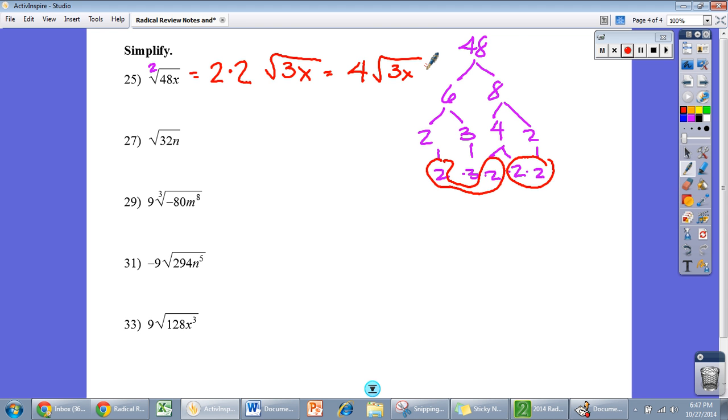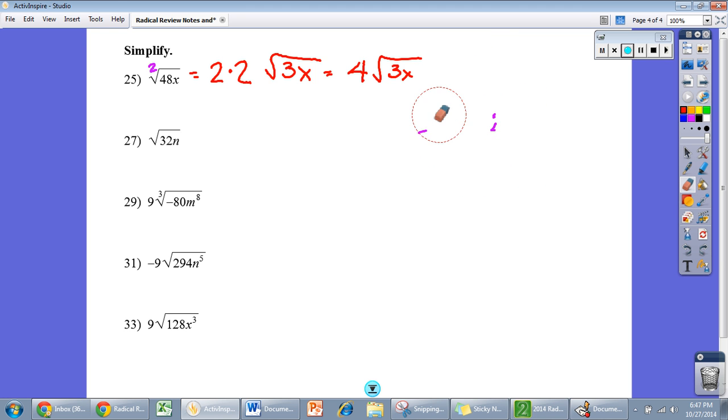The other way that I can write this, and let me get rid of my factor tree to give us more space, is I can start thinking about those perfect squares. We talked about those when we were factoring. So 1 squared is 1, 2 squared is 4, 3 squared is 9, 4 squared is 16, etc. You get the point. We can start thinking about some of those square roots.